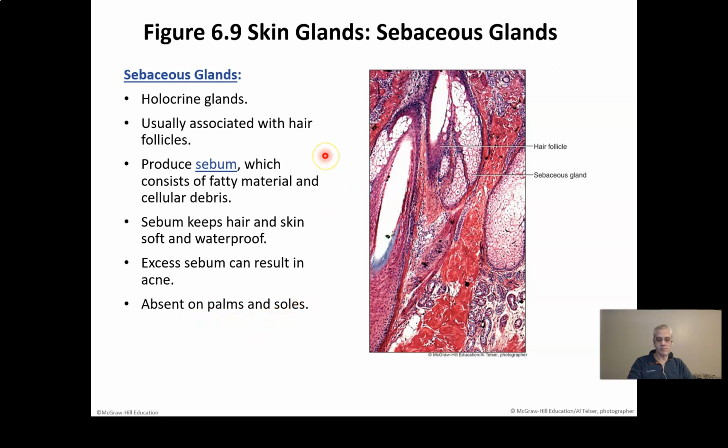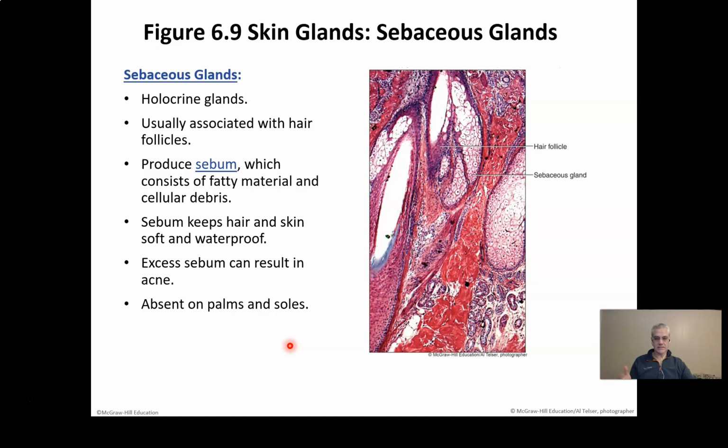Okay. So, associated with hair shafts, it is a holocrine gland. Okay, holocrine glands. When you studied tissue types in lab, you should have learned about glands.